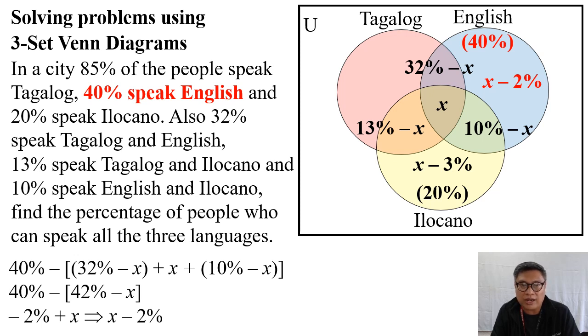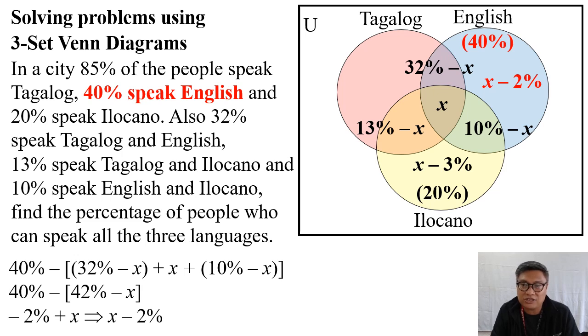If you combine all of this, 32 plus 10 is 42. Then again, negative x plus x is 0, minus x. So we have 42 minus x. Then 40 minus 42 is negative 2. Then negative times negative is positive x. Or this could be rewritten as x minus 2. And that will be the percentage for those who speak English only. They don't speak Tagalog or Ilocano, but pure English only.